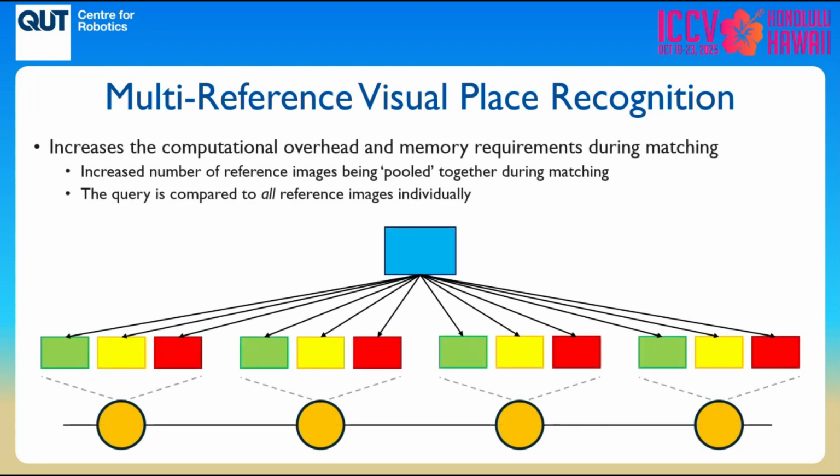However, typically the techniques used to perform this multi-reference visual place recognition increase computational overhead and memory requirements during matching. This is because we can essentially pull all the different images together in the basic naive way, and we can just compare our query to all different images individually. So this substantially increases the computational and memory requirements.